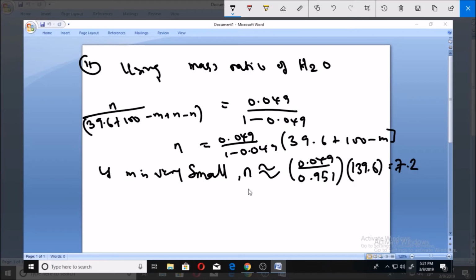So that is the value of our N, assuming that M is very small and approaching no value.